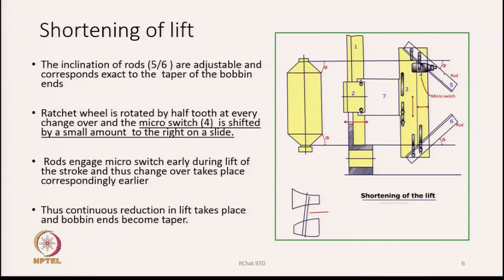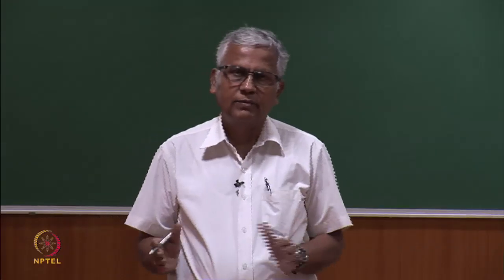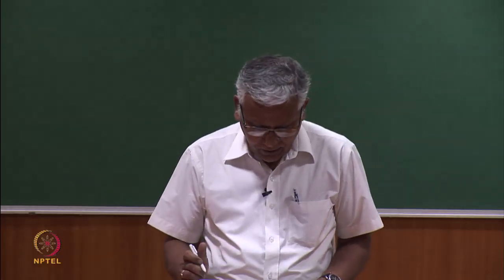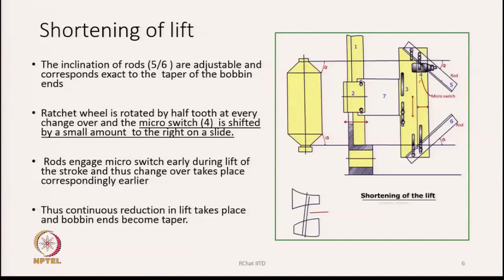So, whenever the micro switch is pressed, many things happen. The belt is shifting on the cone drum, the bevel gear is shifting, and one of them is engaging the particle shaft. At the same time, this micro switch assembly is moving to the right hand side.